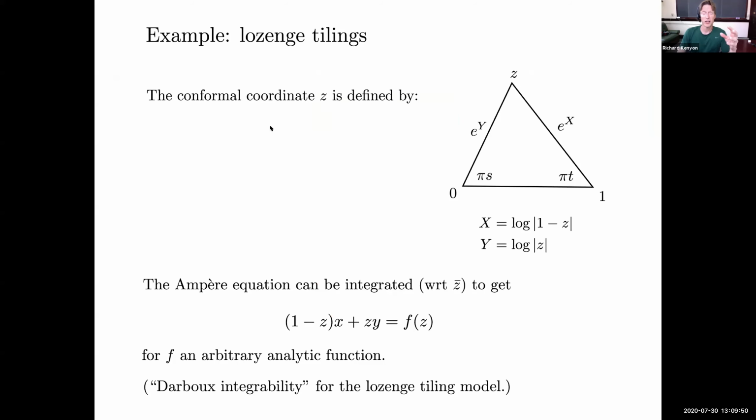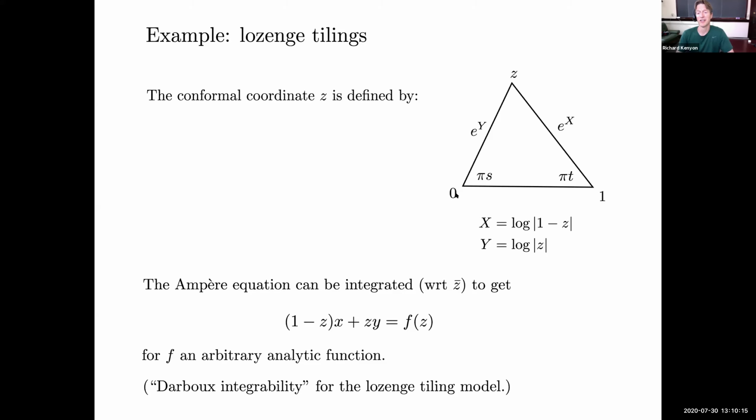Okay, so let's go back to our Lagrange example. Hopefully this is slightly familiar territory to many of you. We have talked about Lagrange many times during this conference. Greta was just talking about them. In this case, the conformal coordinate, you can solve the Beltrami equation in many different ways, but here's the conformal coordinate.